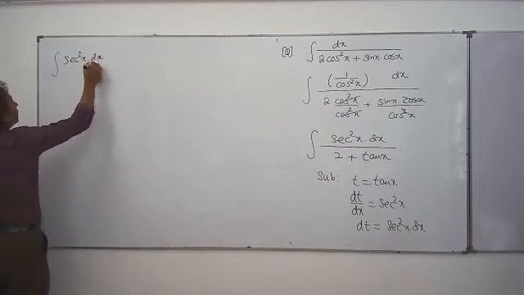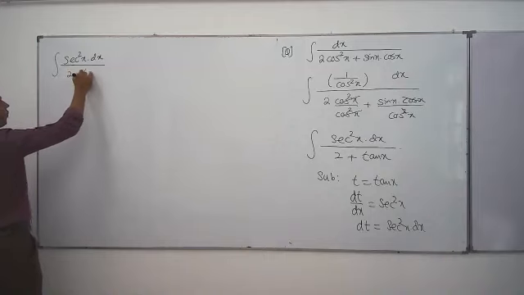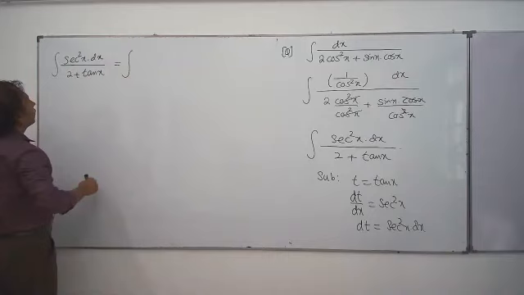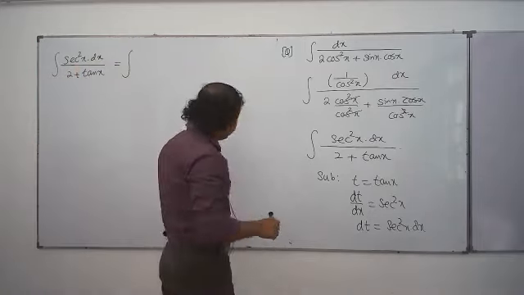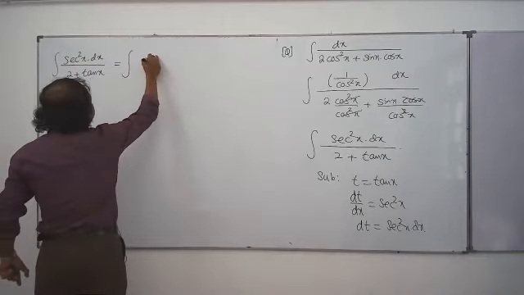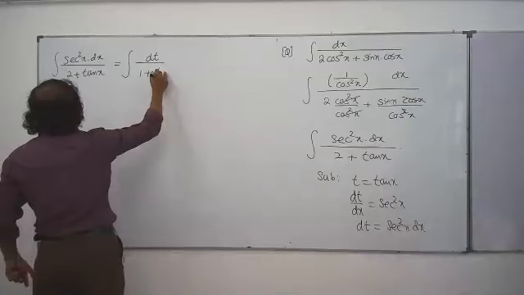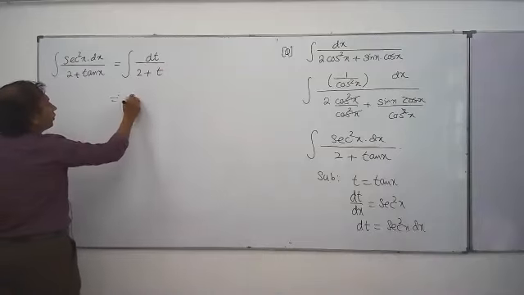The integral of x squared x dx divided by 2 plus tan x becomes dt divided by 2 plus t, where t is tan x. Then what is the integral of this?